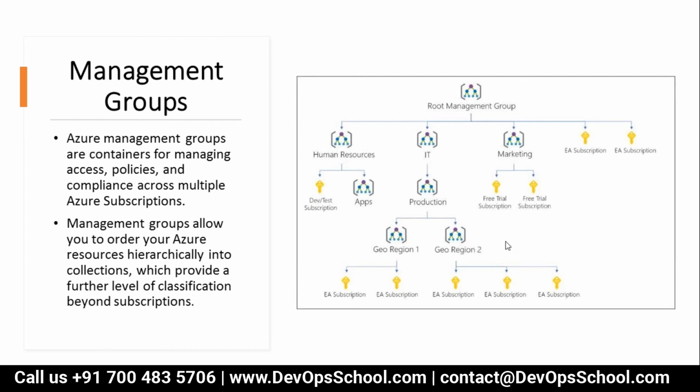Some of the people are sitting in the Europe region or East US, in the US and in India. So at the geographical region level we also define the access policy, because each and every country has different laws, right? According to that we have to define it.